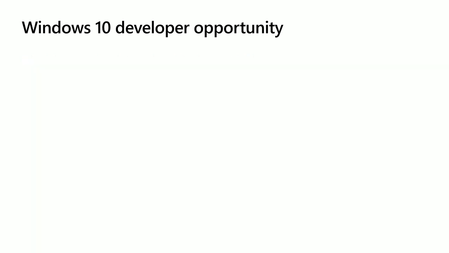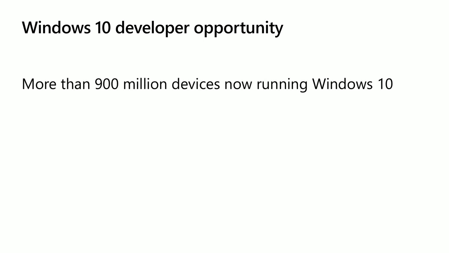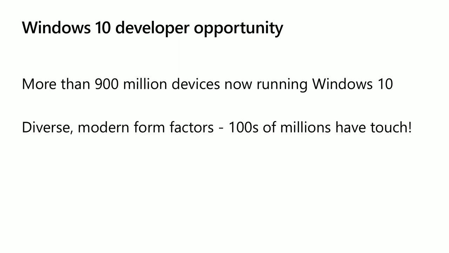And so going into the big picture, we're evolving the platform to help you make the most of the Windows 10 developer opportunity. There are now nearly 1 billion devices running Windows 10, and these aren't just old PCs upgrading. This includes an increasingly diverse, modern set of form factors. Hundreds of millions of devices now have touchscreens. There's ARM-based, always connected Windows 10 computers.